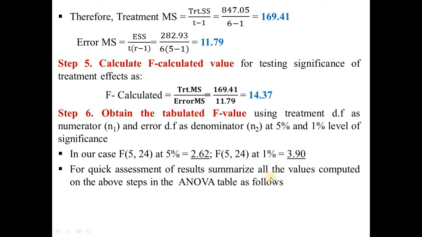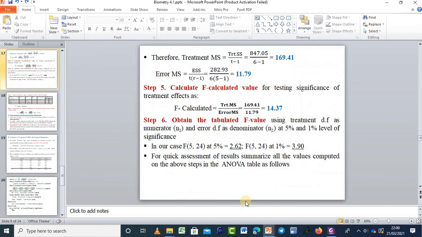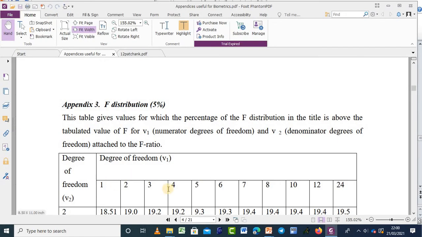To show you this value, remember that the treatment degree of freedom is 5, whereas the error degree of freedom is 24, for both the 5% and 1% levels of significance. And we will see the values at each level of significance. Look and remember this, if we go to the F distribution table, yes, we have to use that.